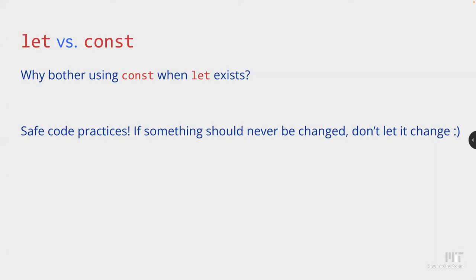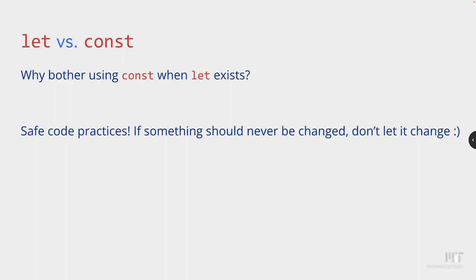Your partner doesn't know whether to change it or not, but you know that you don't want to change it. So if you just put a const in front, your partner can never change it. So it's good to keep things that don't change unchanged, and it's good to bar others from being able to change it if you don't want it to change.